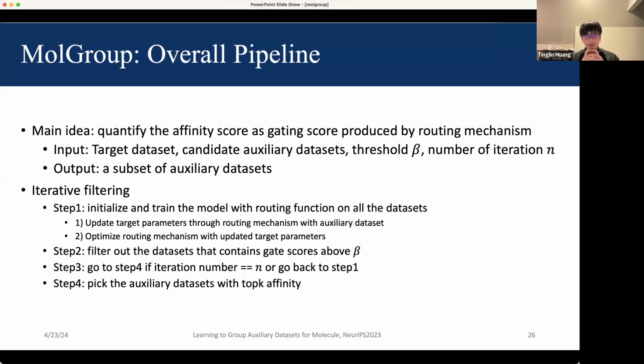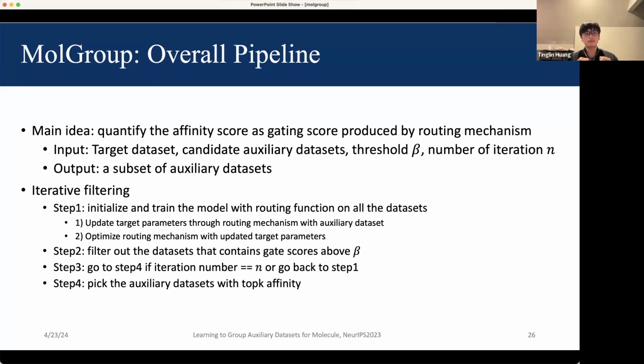In this setting, the input will be the target data set and a set of candidate auxiliary data sets. We also have a threshold for filtering the data sets, and the selection process will be an iterative filtering process.